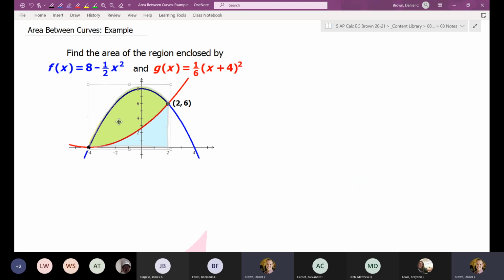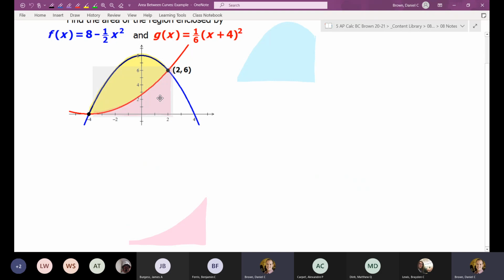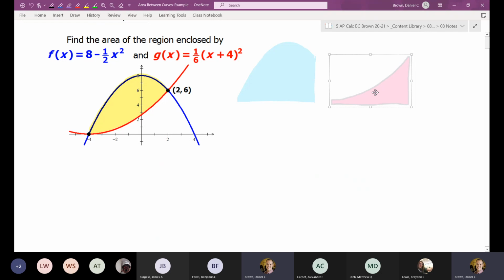So I can use that blue function to find this blue area, and that would be this whole piece. But then I want to take away the parts that aren't included in the overlap, which is what I have from the red function. So you're going to end up subtracting that to give you the overall area of what's in yellow. So let's go ahead and set this up.